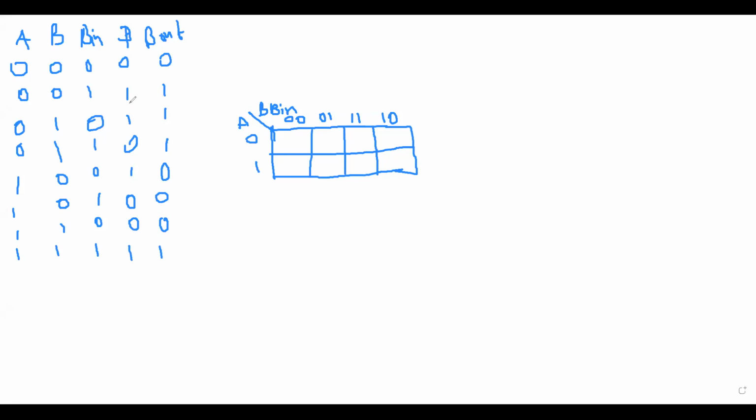Now for difference, we have 0, 1, 0 and 1, 0, 0, 1, 1, 1. So this is the diagonal grouping and we have 2 groups. Now I'm going to write it as A XOR B XOR B in.